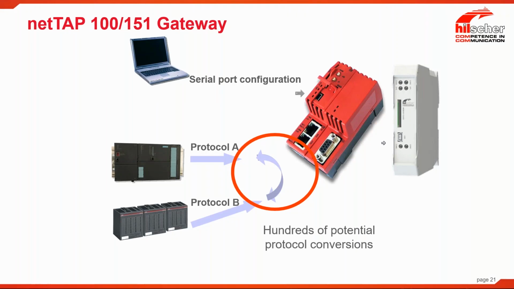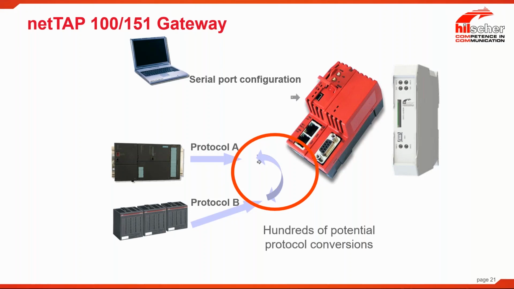That SciCon.net software loads on your laptop or your computer, and enables you then to select the protocols that you need to, and then also do the I/O mapping. Once you're complete with all that, that project then gets loaded into the gateway using that USB port. And we actually even provide the USB cable for you for that.